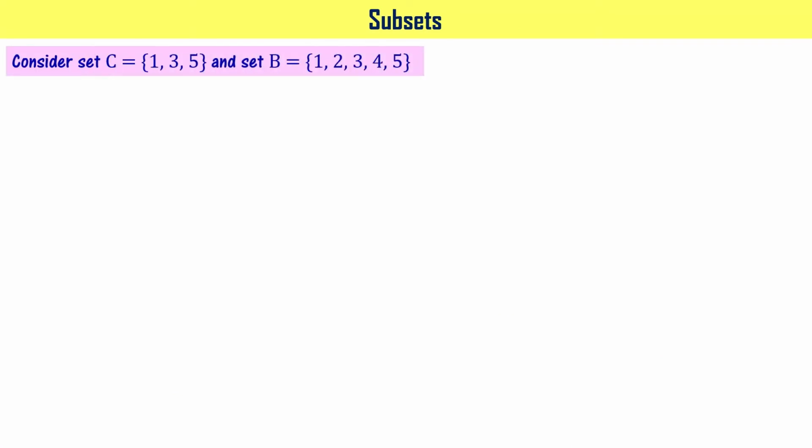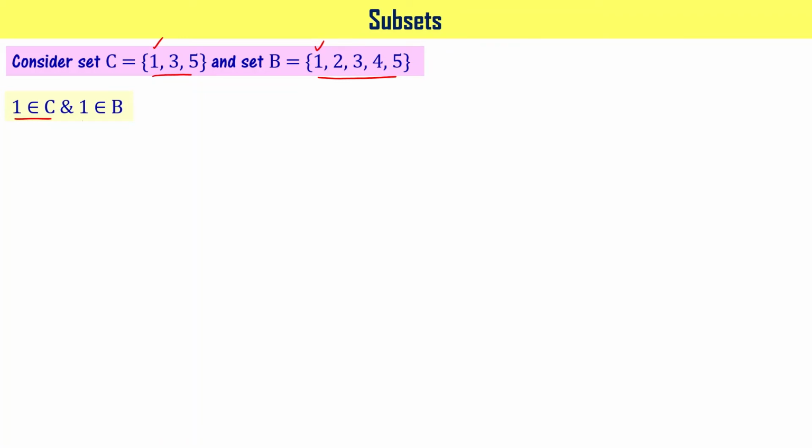Let us further understand about subsets. Consider set C, which has elements 1, 3 and 5, right? And set B, which has elements 1, 2, 3, 4 and 5. Let us now observe, 1 belongs to C. 1 is an element of set C, and at the same time it is an element of set B also, right?